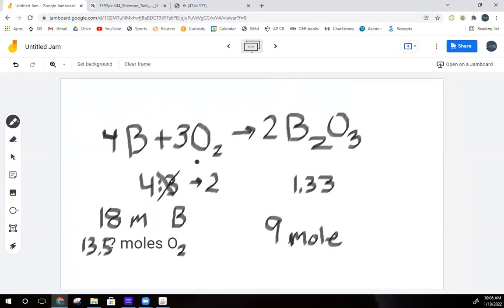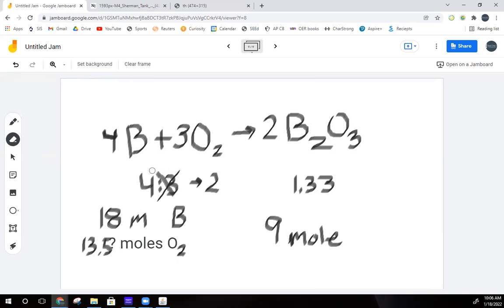Here's one that you can work on your own. I recommend pausing. 4 moles of boron compared to 3 moles of oxygen gives us 2 moles of diboron trioxide. So if we have 18 moles of boron, we have a 4 to 3.